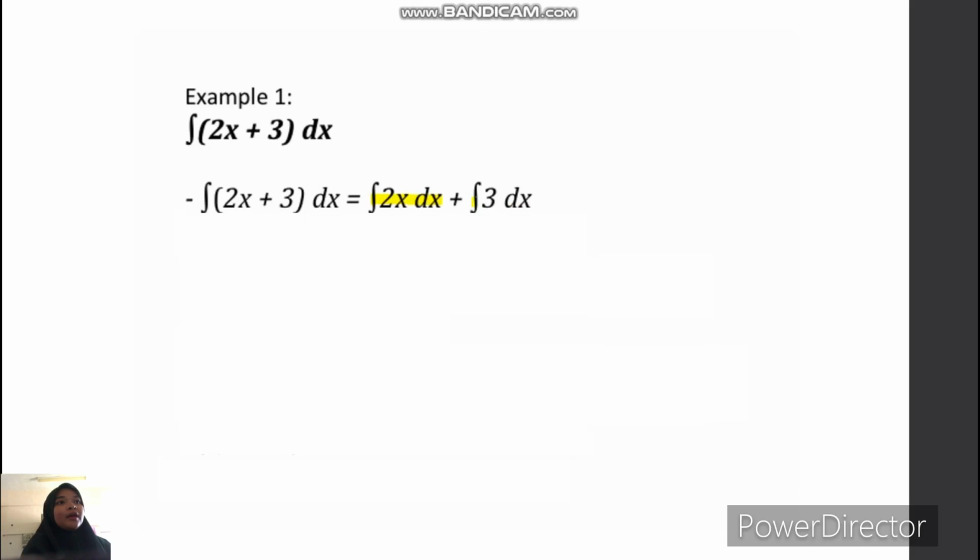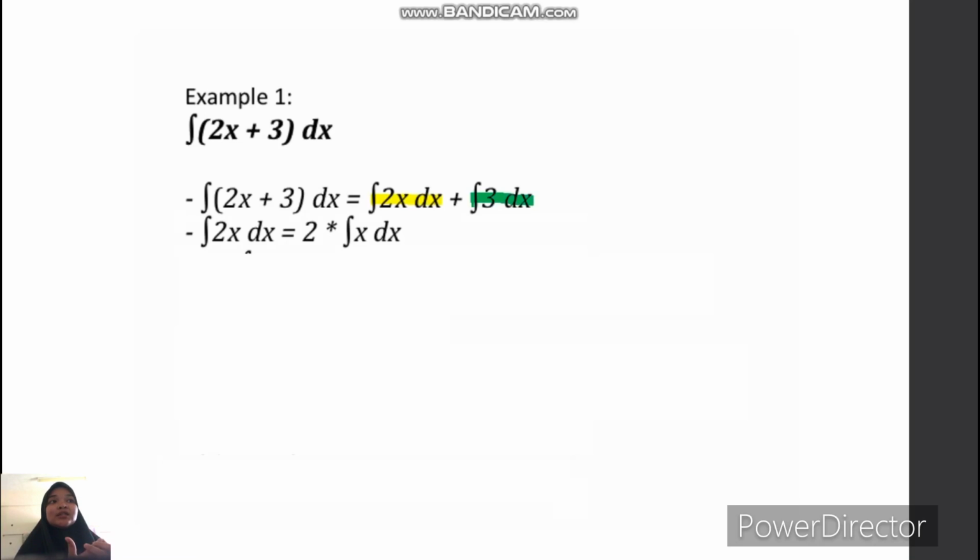So right now we already have two terms. After that, we can make it into x and dx, and we must work term by term.